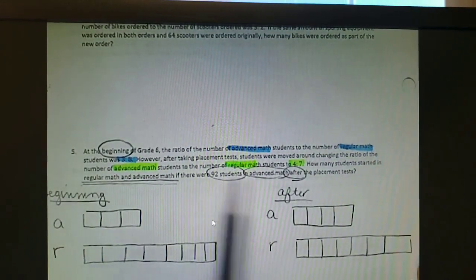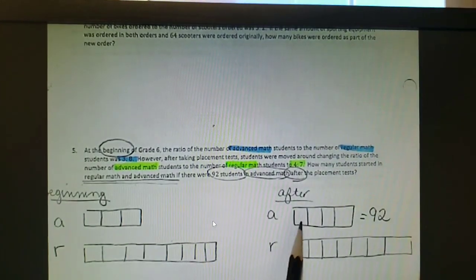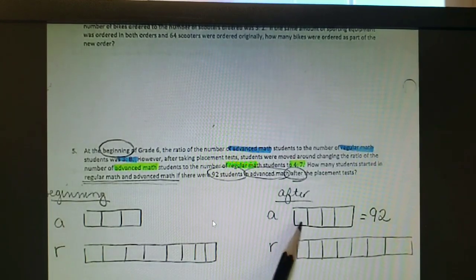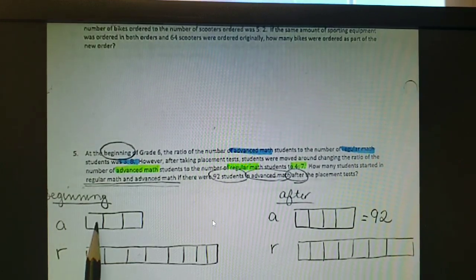It says 92 in advanced, which means 92 is our total for our advanced students. Then we just need to figure out how many goes in each one of these blocks. Because it's proportional, the number in this box is the number in this box, is the number in this box. As soon as we figure it out for one, everything else is just repeating.